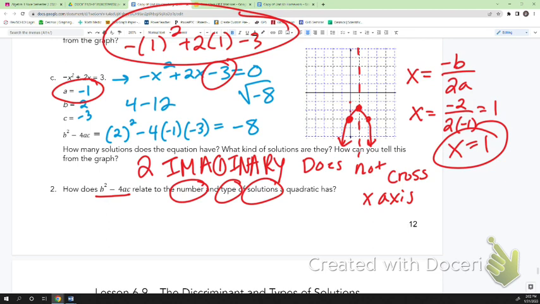What do you think? I said the negative solutions are imaginary. When b squared minus 4ac is negative, we got imaginary. Anything else we want to add? Quick notes.